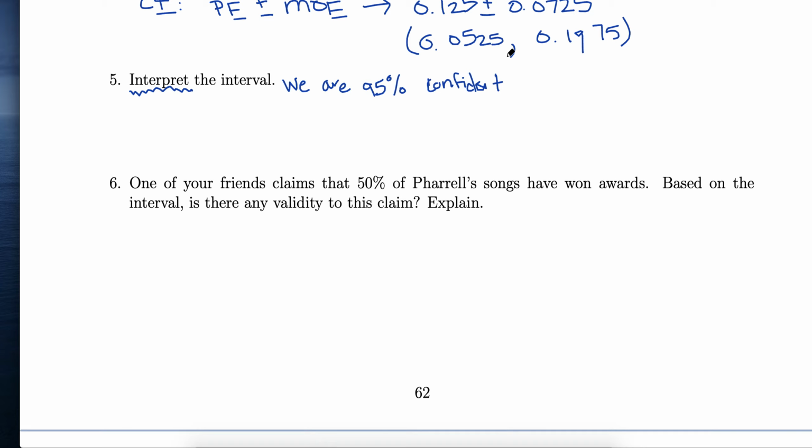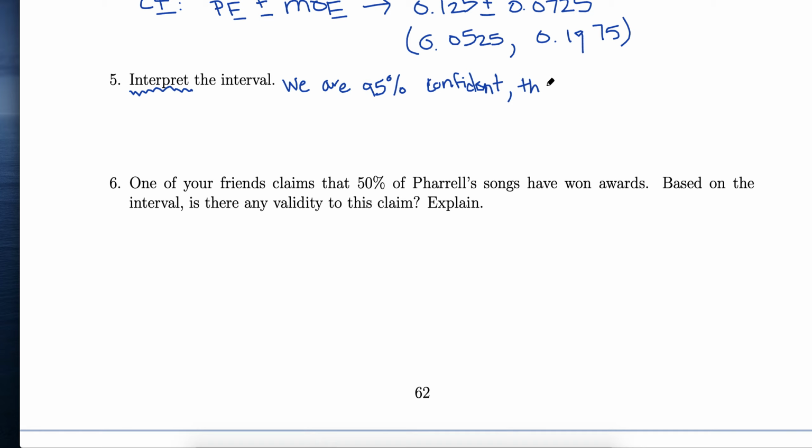Part two is say what in the world you're trying to estimate. Put it in context. So we are 95% confident. This is supposed to say confident. Sure doesn't look like it. There we go. Confident. So say what we are trying to estimate. In this case, we're trying to estimate the true proportion, the population proportion.